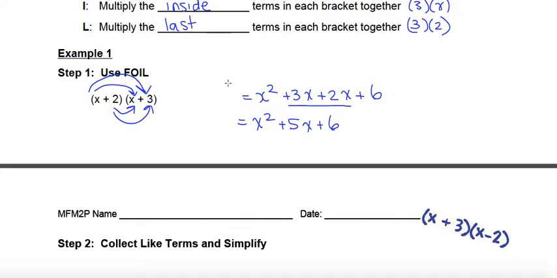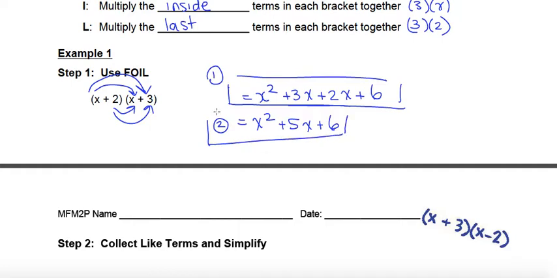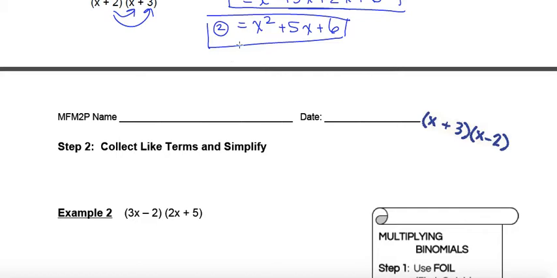So this is step number 1, and this is step number 2. Step number 2 is to collect the terms and simplify.